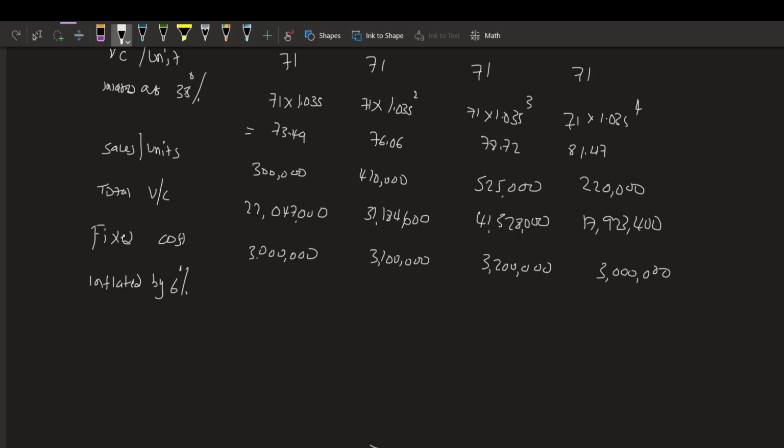The same thing we have been doing in the first one. The first one will be 3 million multiplied by 1.06 power 1.